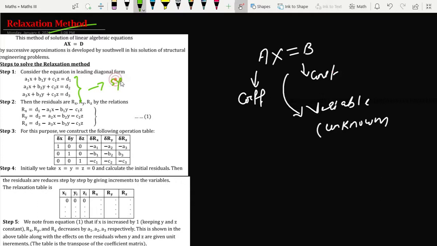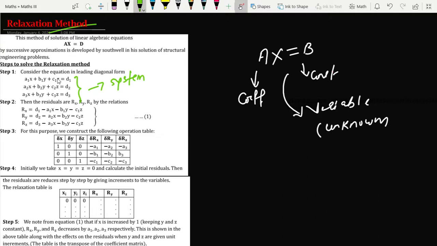If there is more than one equation, it is called a system of linear equations. Why is it called linear? Because the maximum power of the variables x, y, z is 1. When the maximum power of the variable is 1, the equation is said to be a linear equation.